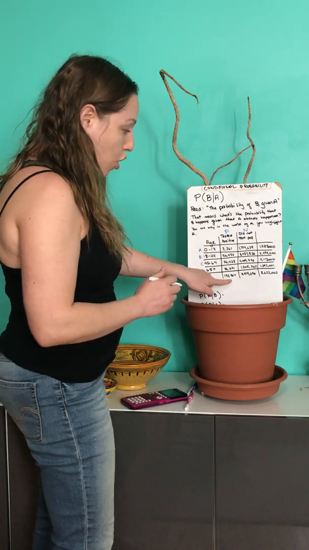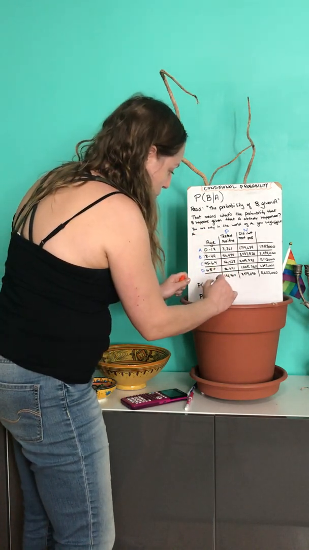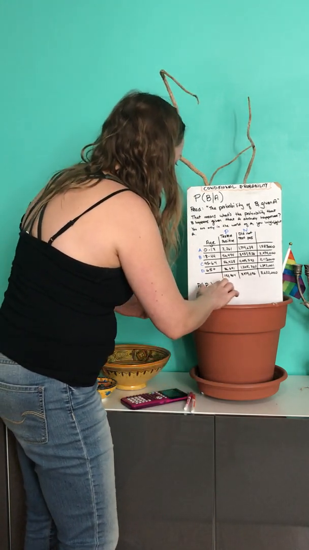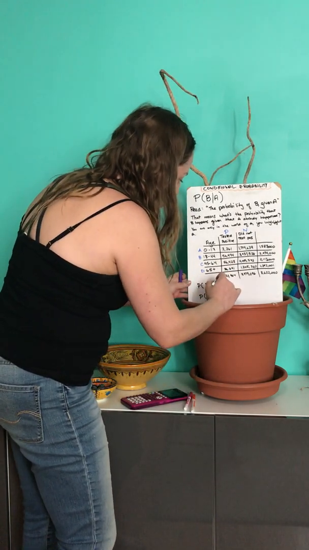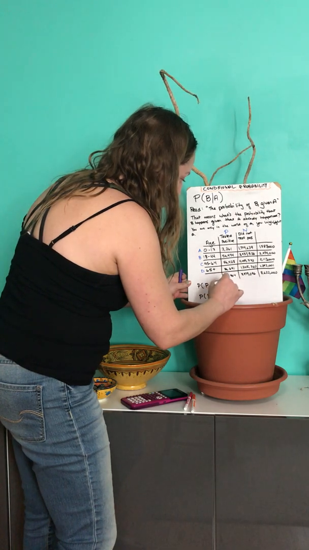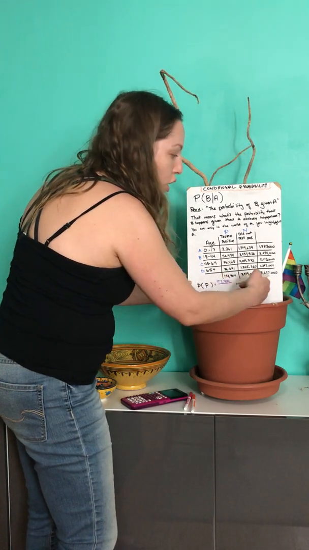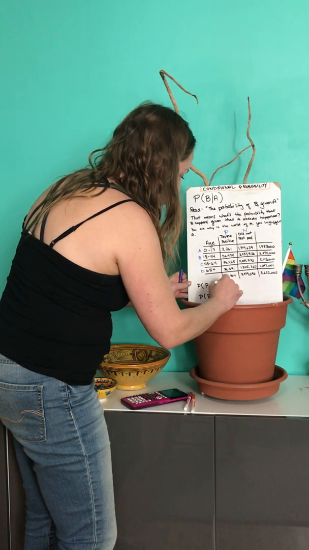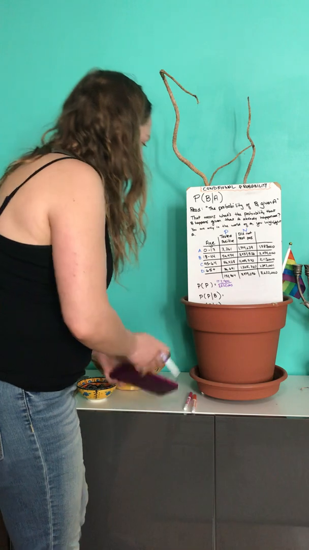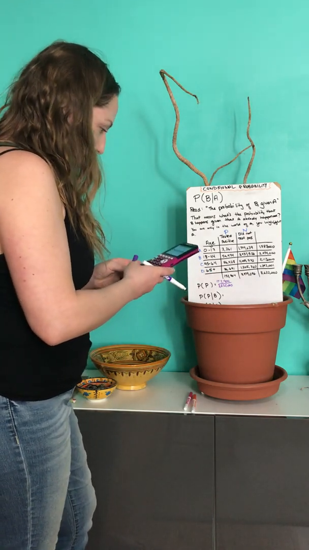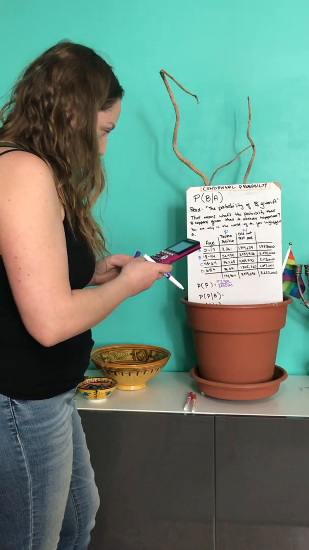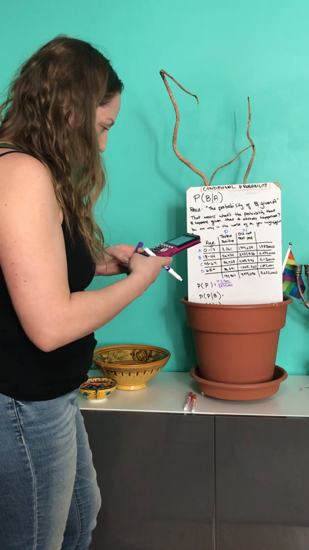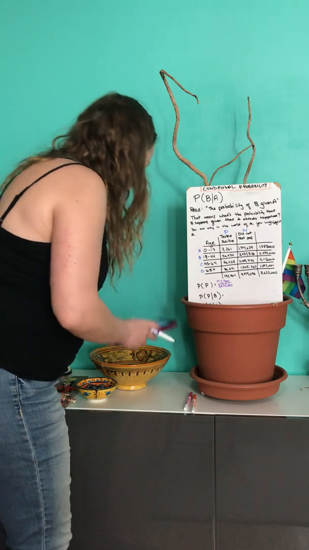So I'm going to look at all the tested positive, 152,904, out of all of the people in New York City, 8,632,000. Then I'm just going to divide that: 152,904 divided by 8,632,000.